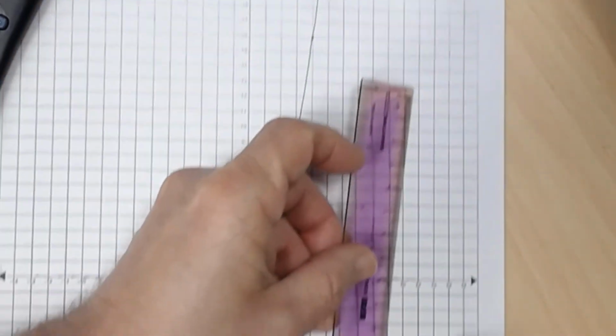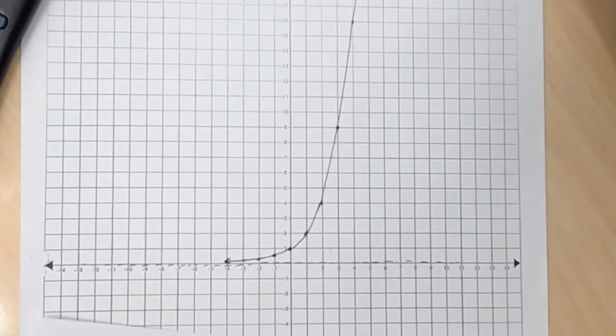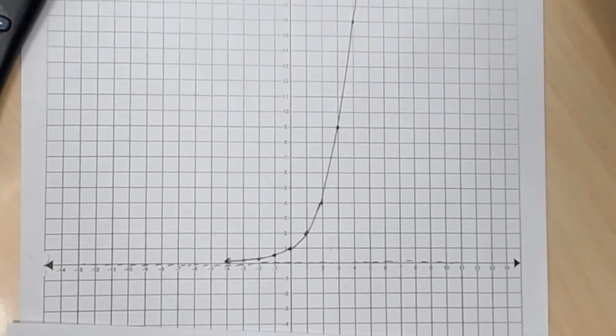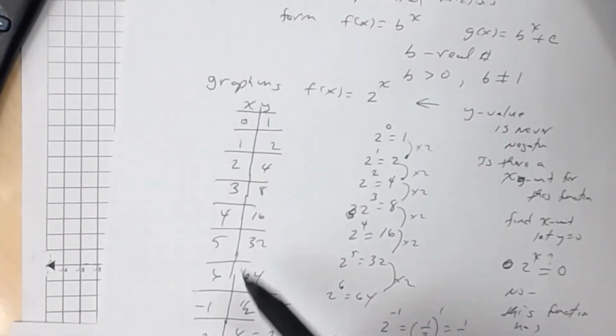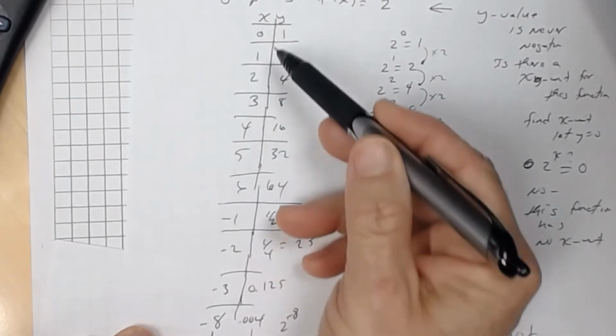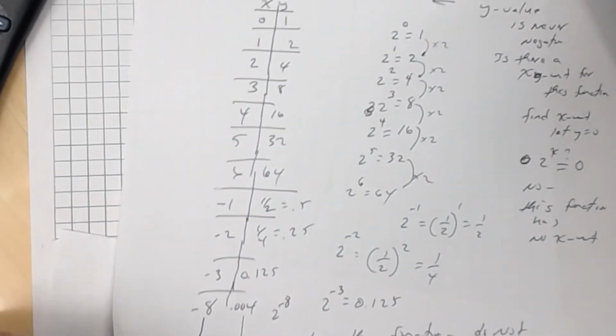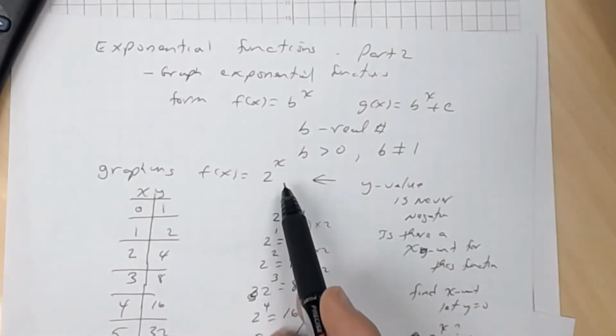When x is, let's say, 1,000, I'm going to get a point on the graph. It will be way up here, though, right? And from the t-table, you can see that I can use any value for x: 100 million, 1 billion, negative 1 billion, and so on. And I'll get a y value.